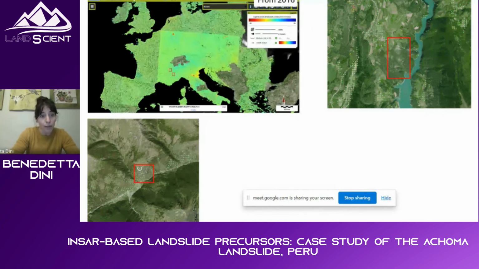But when we zoom in on the two little squares here in France, these are just two, there are many more, we can see that we have very few points, and the few points we have are green, which would suggest no displacement over these slopes in that period of time. So 2016 to recent, I don't remember when I took this, not very long ago.